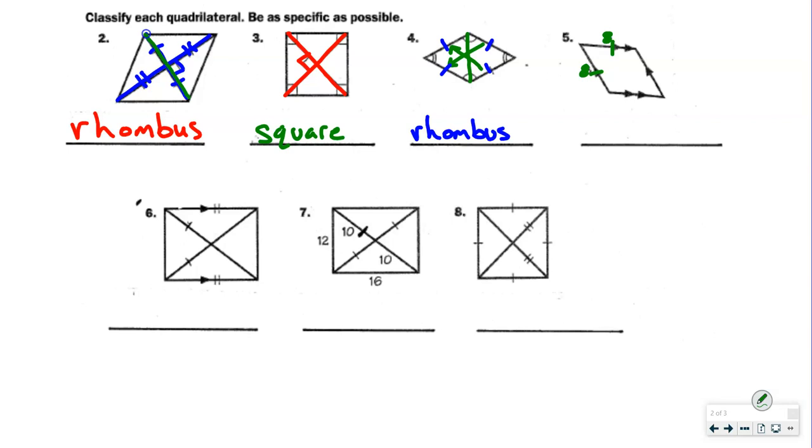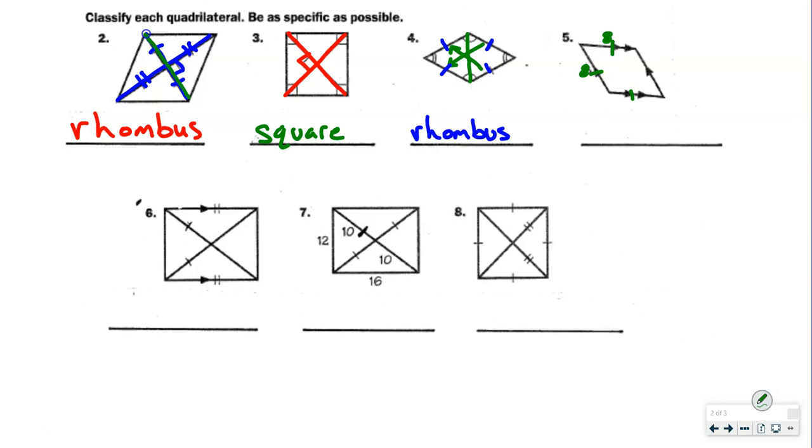We know it's a parallelogram because the opposite sides are parallel. Just like in number 4, we knew it was a parallelogram because both pairs of opposite angles were congruent. And then we had the 2 sides there showing that they're congruent. So I know that the opposite sides have to be congruent. So the opposite side of the one on top, which is down there, has to also be 8.